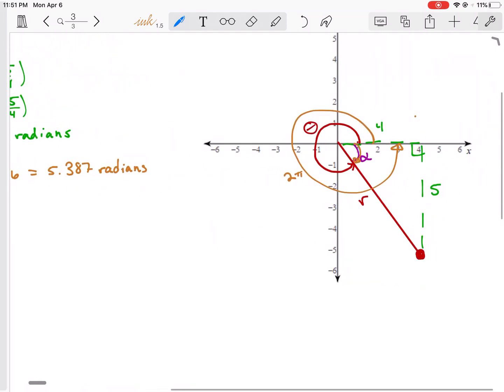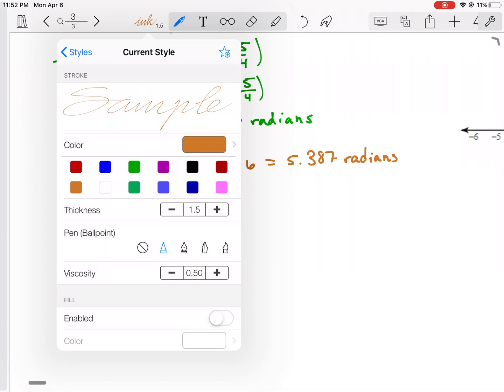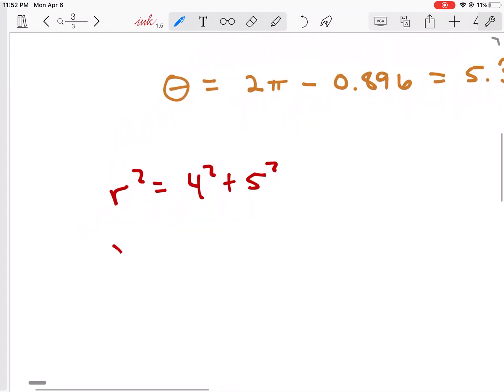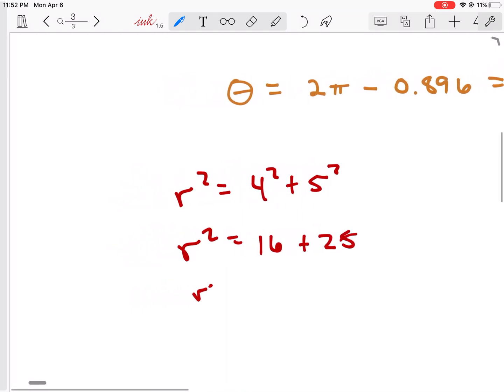We want to figure out r. We can use the Pythagorean theorem to figure out r. Side lengths are 4 and 5. So r squared should just be equal to 4 squared plus 5 squared. Some quick math here. 4 squared is 16, 5 squared is 25. The sum of 16 and 25 is 41.